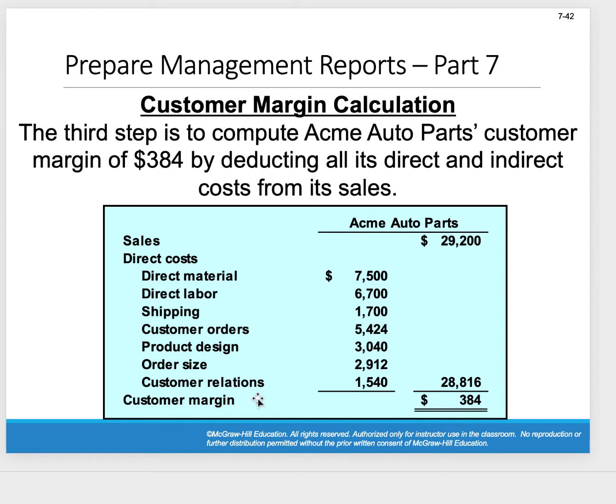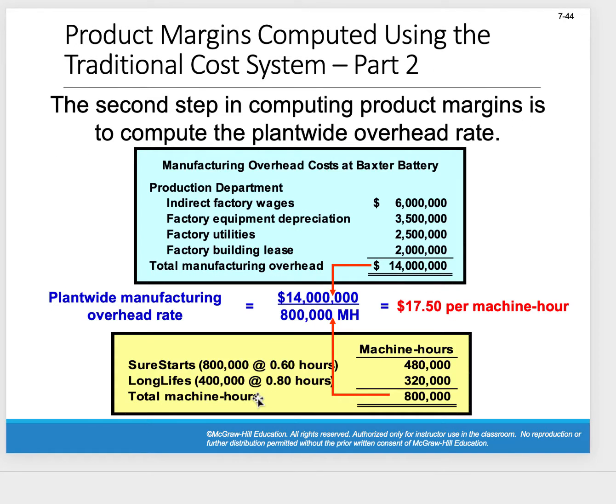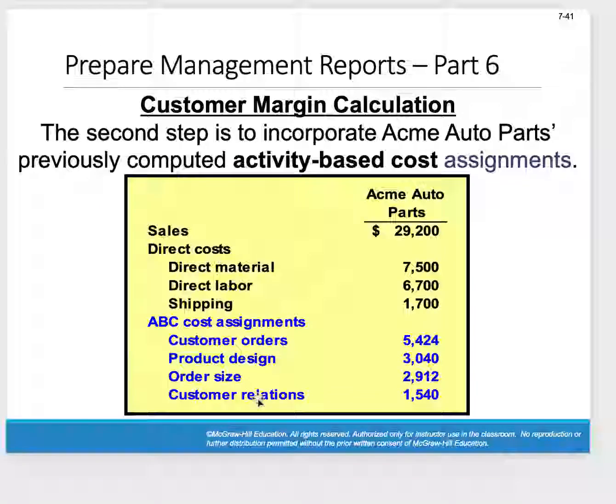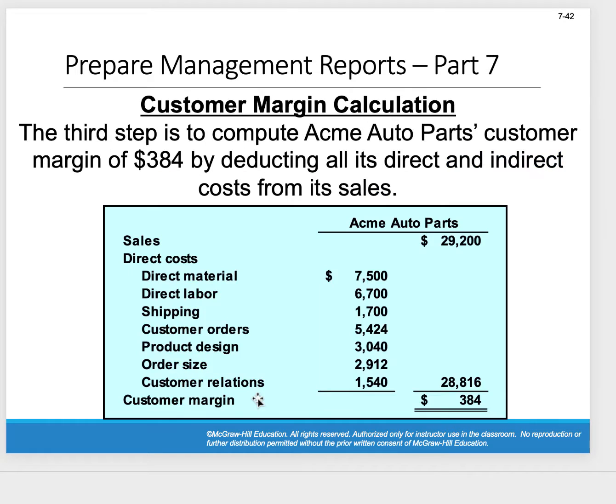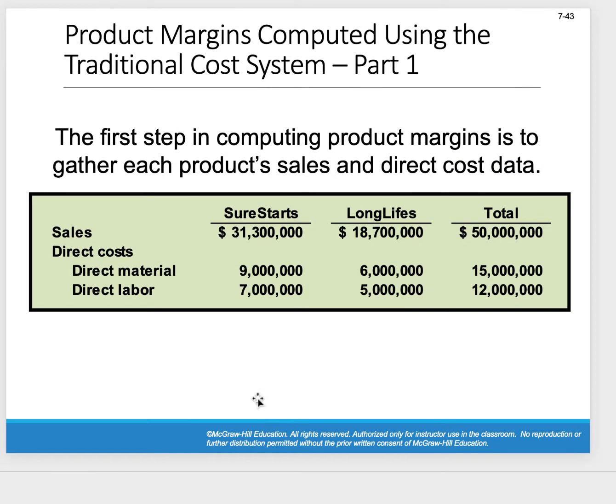Again, same exact thing that we do. The sales minus the costs gives us the customer margin. Okay? I did go over that pretty quickly. Again, calculating product margin, we've covered contribution margin in the last chapter, and I know we covered it in the CVP chapter.